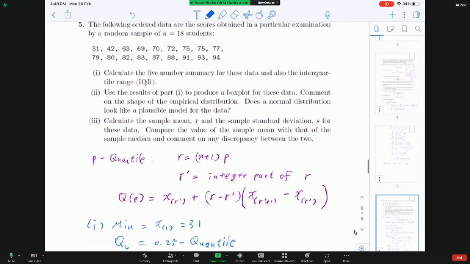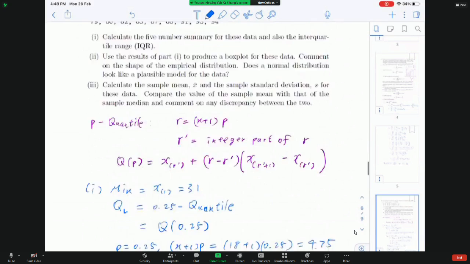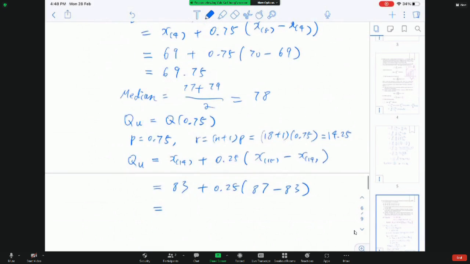This is the 9th number. The 10, 11, 12, 13, 14 and 15, 87 and 88. So this is how we get the upper quartile.